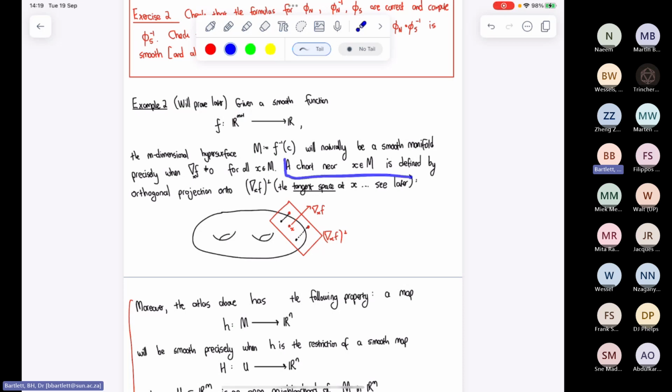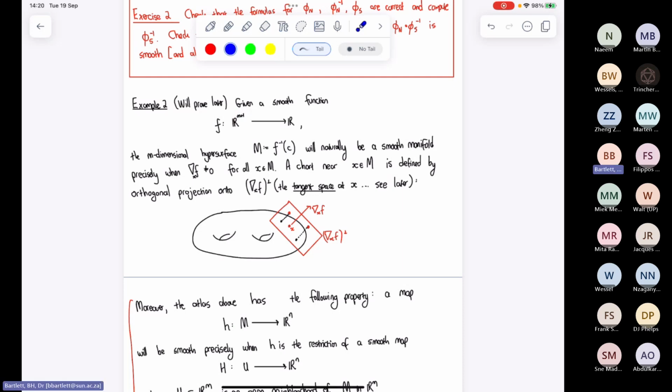A chart near a point X in M is going to be defined as follows. Here's my point X. Here's my surface M. I take the gradient at X, which I promised you was non-zero. I take the orthogonal plane to that gradient, which later on we'll see is the tangent space of the manifold at that point.